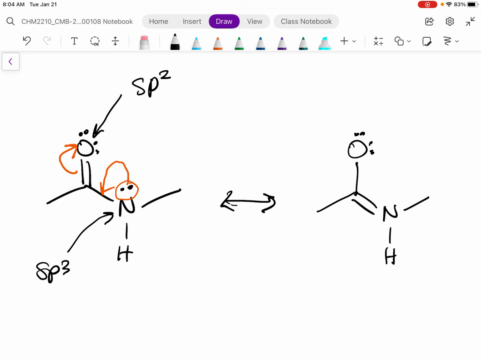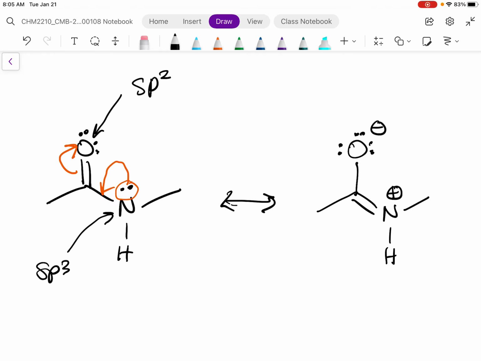And then the pi bond that's being broken, those 2 electrons went there. So now, recalculate the formal charge. What's the formal charge on the oxygen atom right here? -1. And what's the formal charge on this nitrogen right here? +1. Beautiful. So that is a valid resonance structure that works.